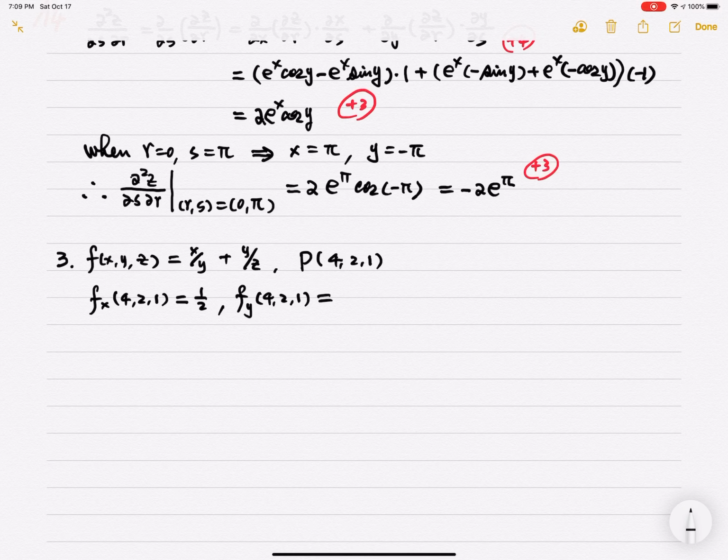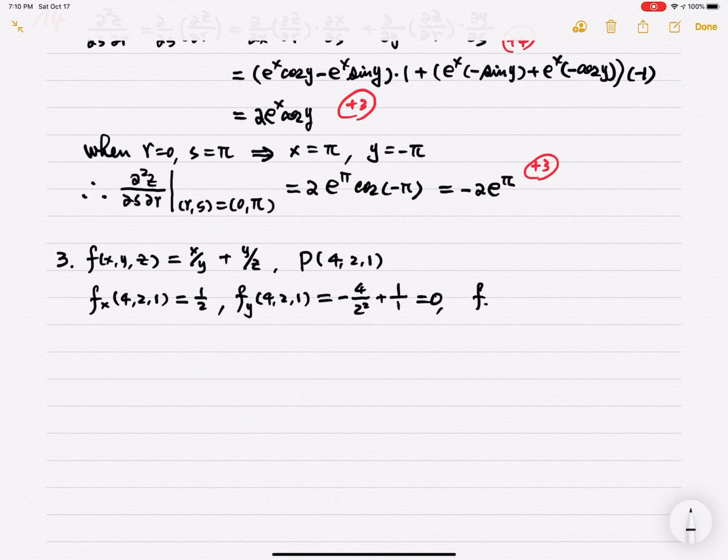So negative x over y squared is 4 over 2 squared, with x equal to 4 and y equal to 2, and then plus 1 over 1. So that's negative 1 plus positive 1, equal to 0.